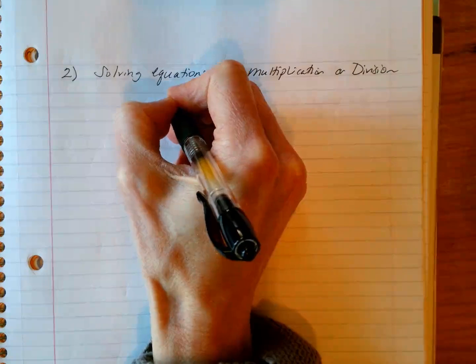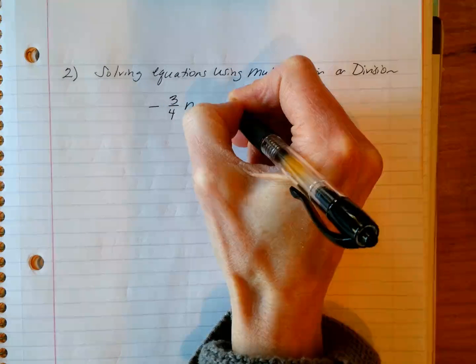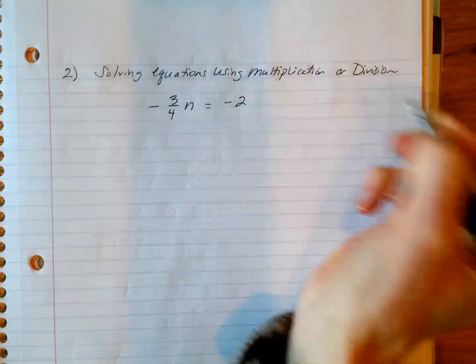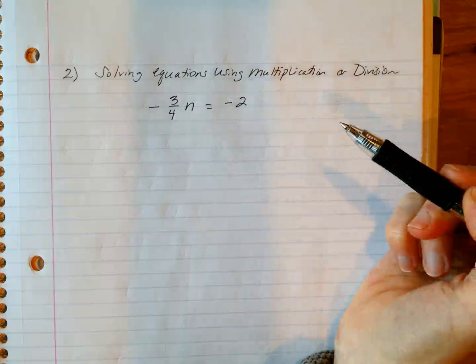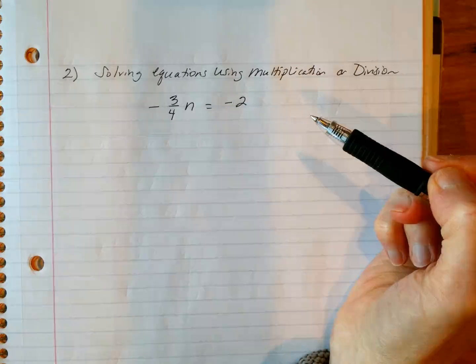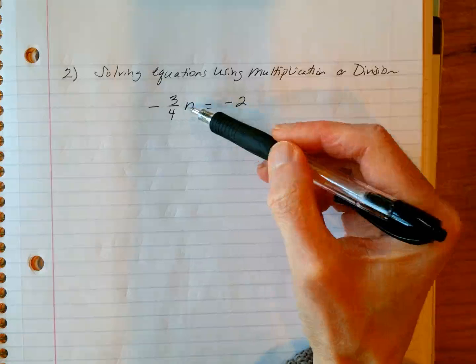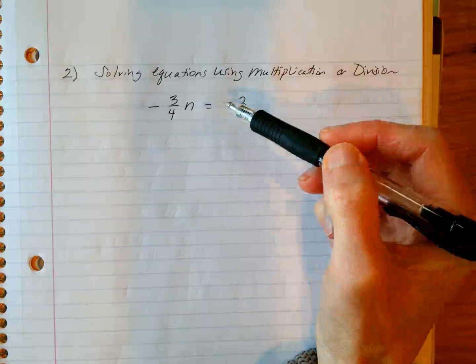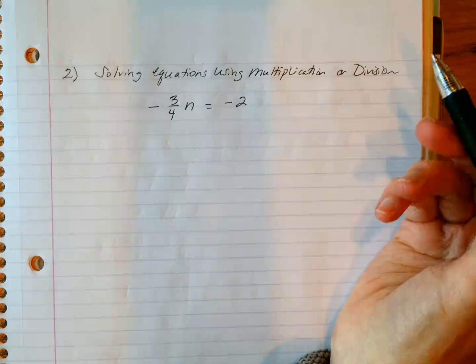So if I have a negative 3/4 n equals a negative 2, I have to recognize that currently that negative 3/4 is being multiplied by the n. I have to undo that, so I get n by itself, and I undo this multiplication by dividing, and of course when you divide with a fraction you have to use the reciprocal.